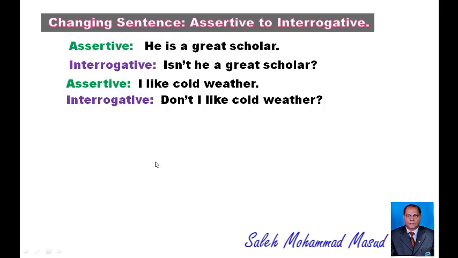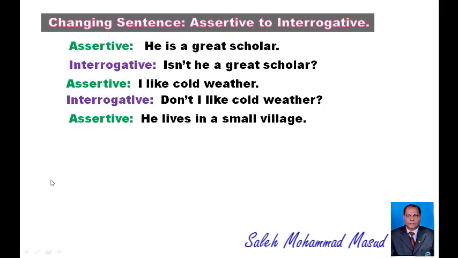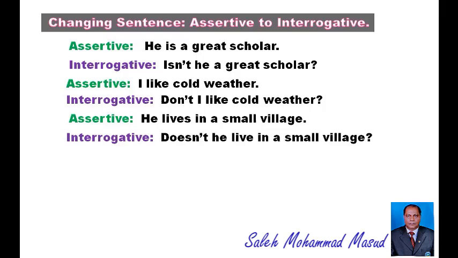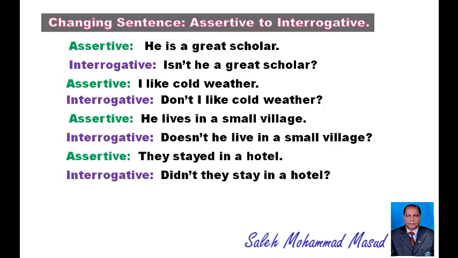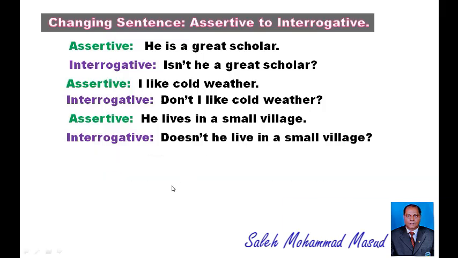Next, he lives in a small village. It's also simple present and the subject here is he. So we have to use doesn't. And the answer would be, doesn't he live in a small village? Next sentence, they stayed in a hotel.